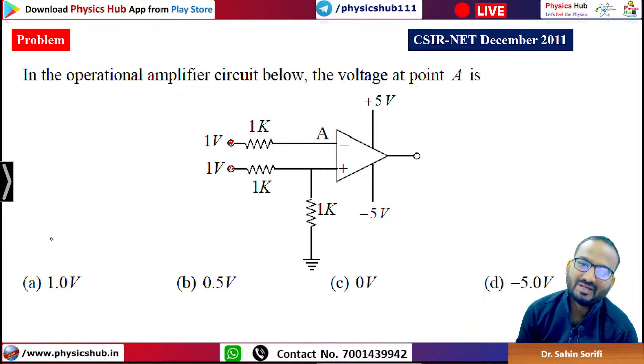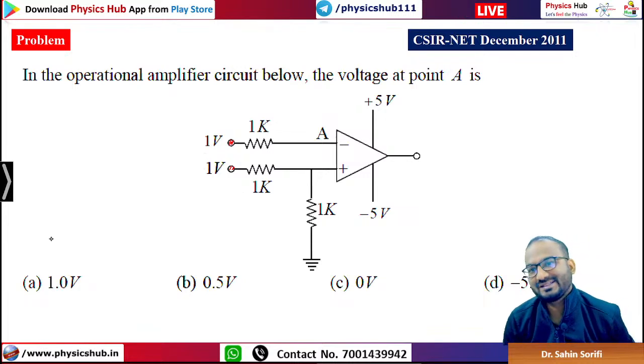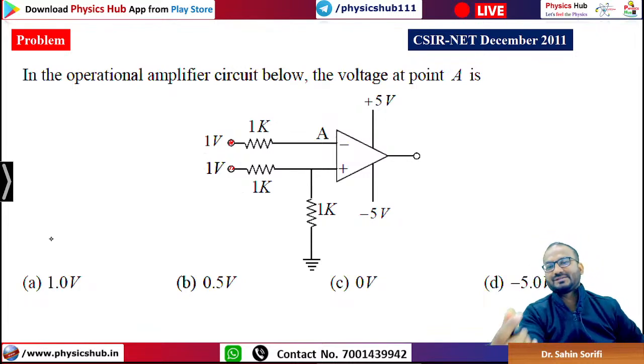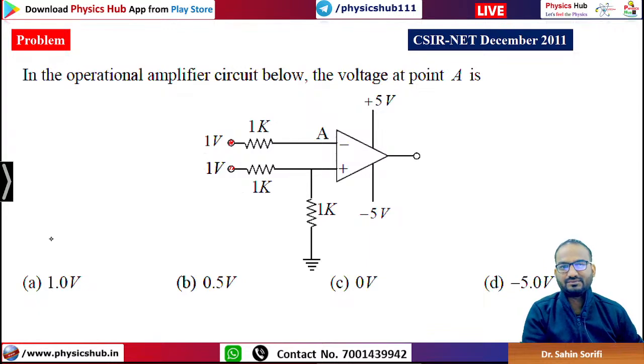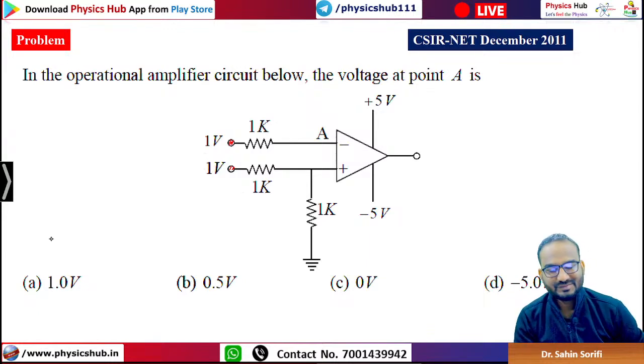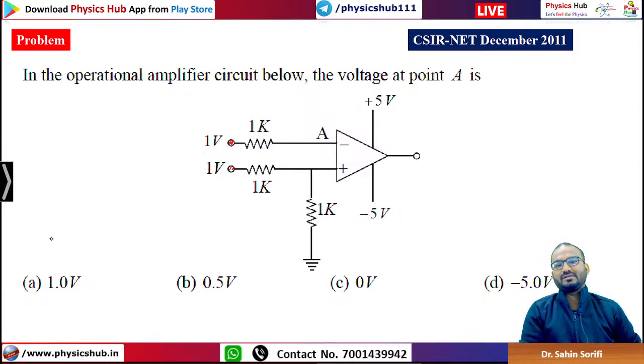Otherwise, in theory, you would spend only a small amount of voltage and get an infinite amount of amplification. That is not there. You will not get more than the supply voltage. Did you get this point?